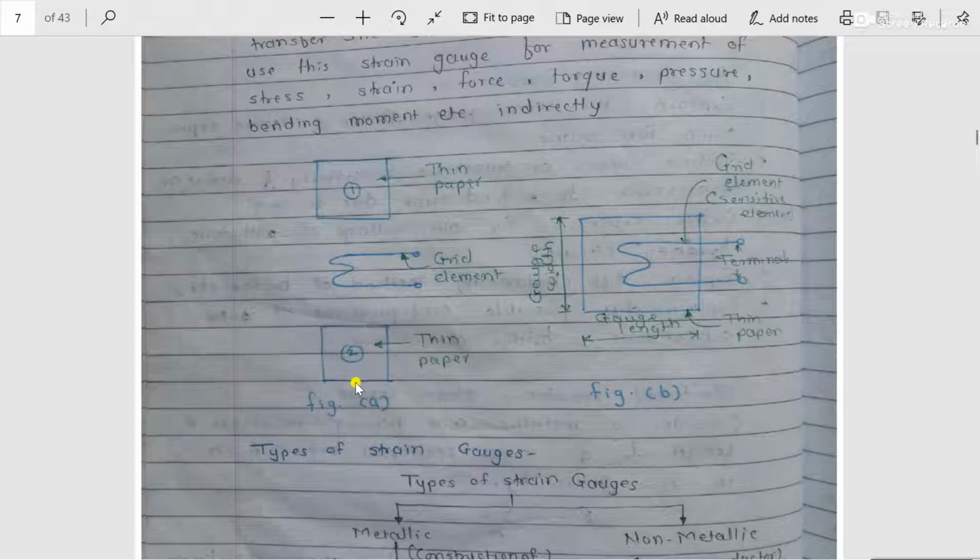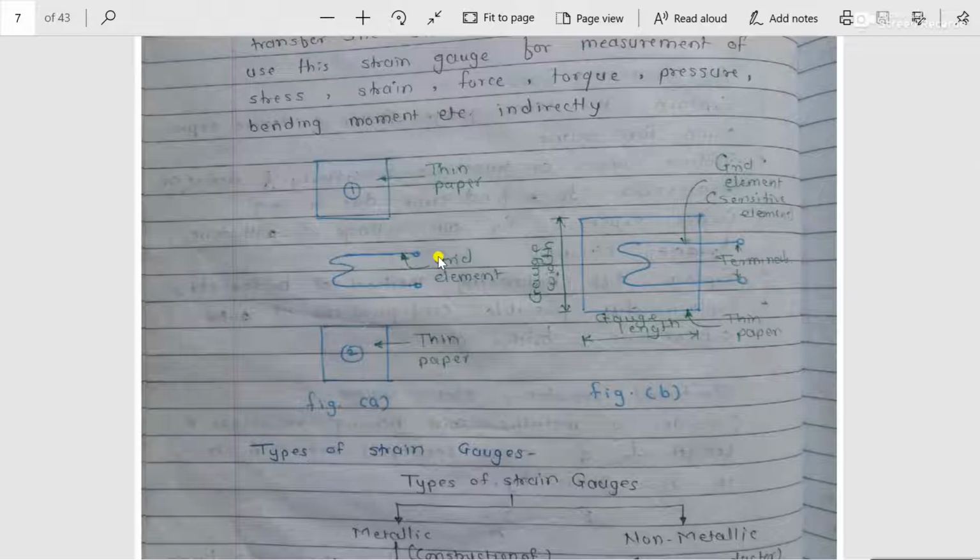Then the second advantage is that it acts as an insulation in between the specimen and the grid element. While pasting the strain gauge on any test specimen, it is not possible to paste this grid element directly on the test specimen. If this grid element comes in contact with the specimen directly, its resistance will change immediately and it creates error during the measurement.